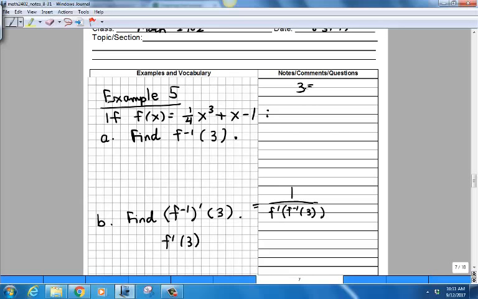In other words, make that the y, and see if you can figure out what the x value is that gives you that. If you can figure out what x value will give you an output of 3, then that's going to be the value for f inverse of 3.